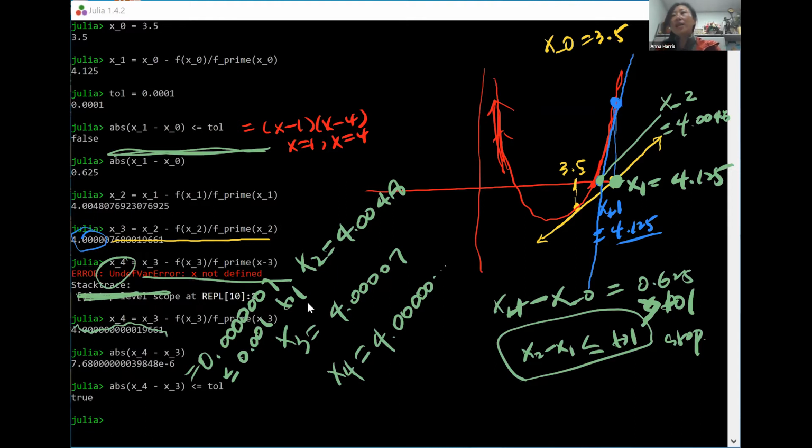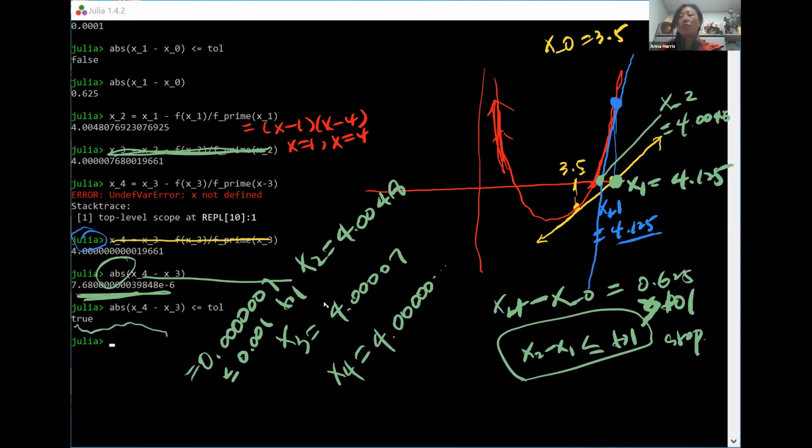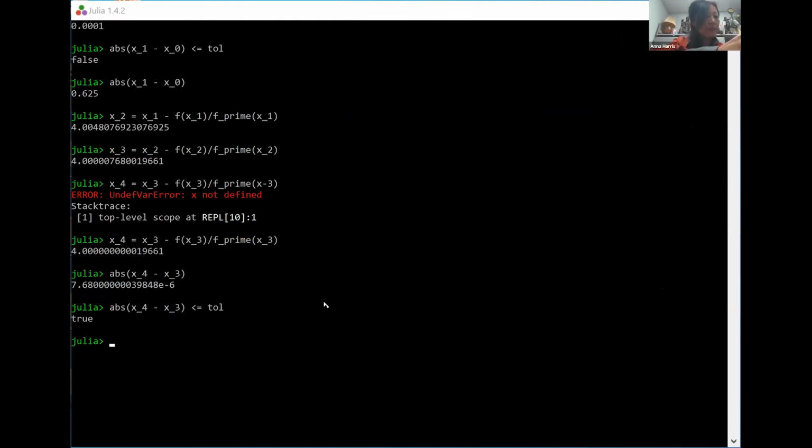By next Wednesday, I need you to send me your Julia project, the semester project, which means you cannot just do one line by line like this, but you need to write a code. Like say function.